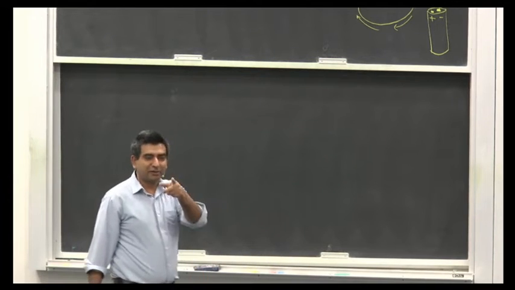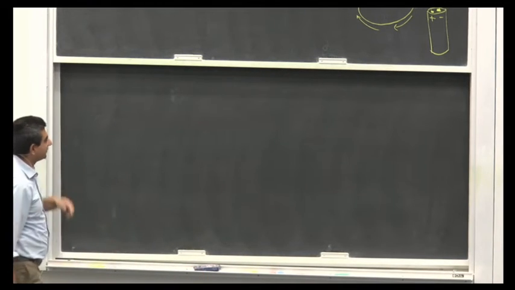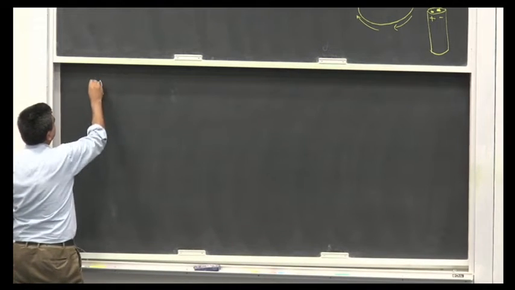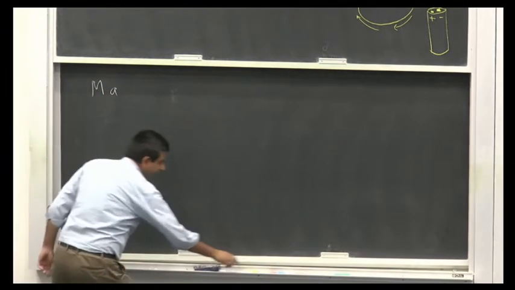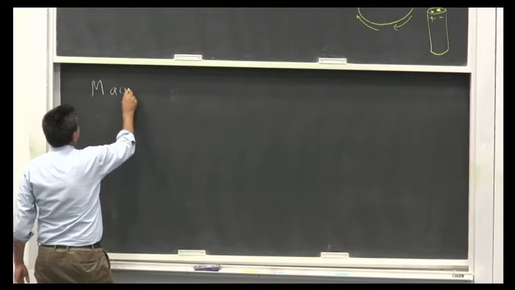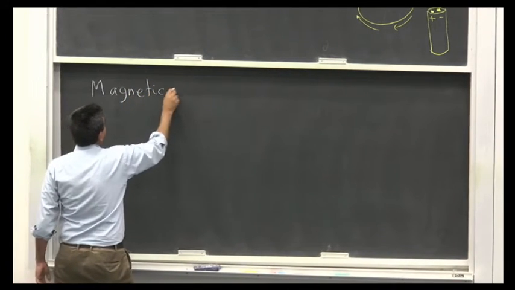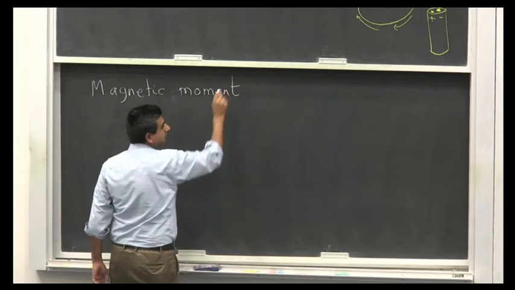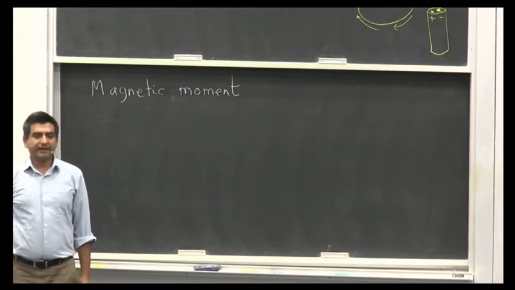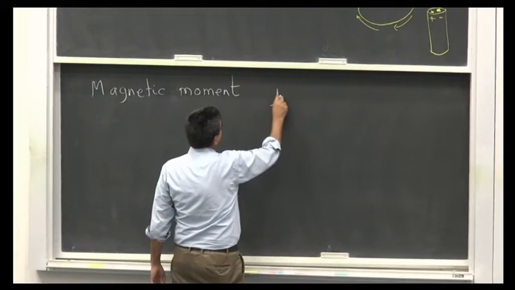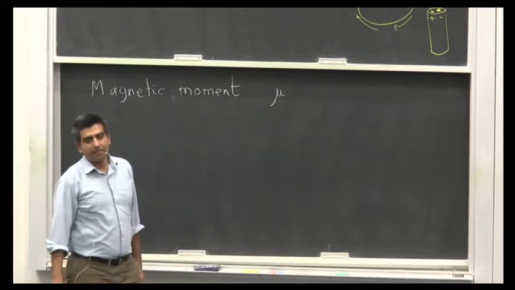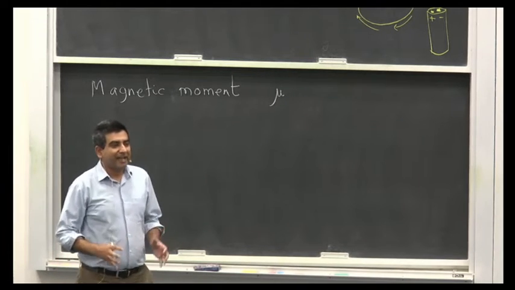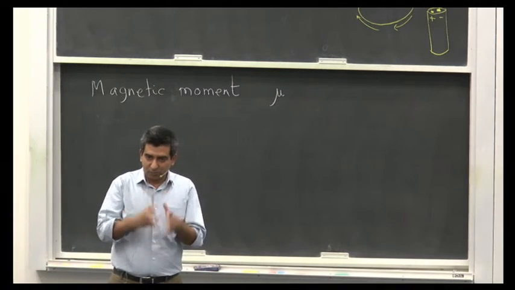A physicist or an engineer like yourself would like to use a term called the magnetic moment, denoted by the symbol mu. Alright? Now a stronger magnet has a large value of magnetic moment.